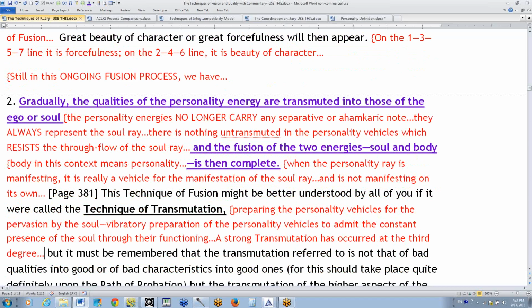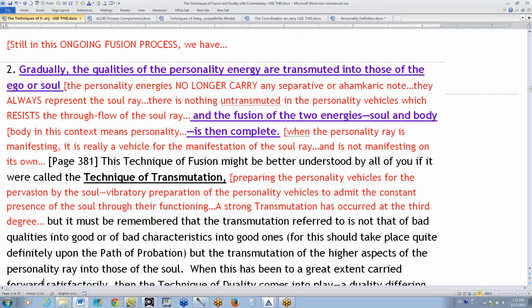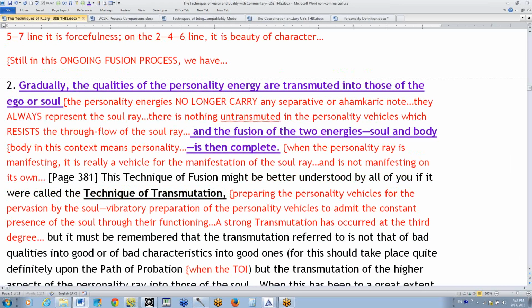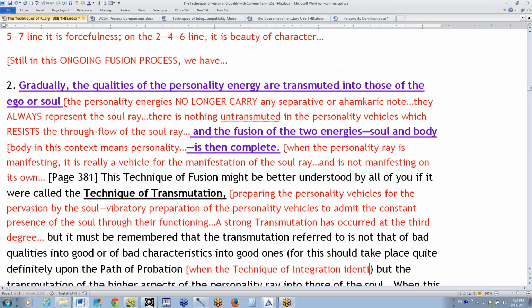But it must be remembered that the transmutation referred to is not that of bad qualities into good, or bad characteristics into good ones, for this should take place definitely upon the path of probation, we might say, when the technique of integration is being applied.